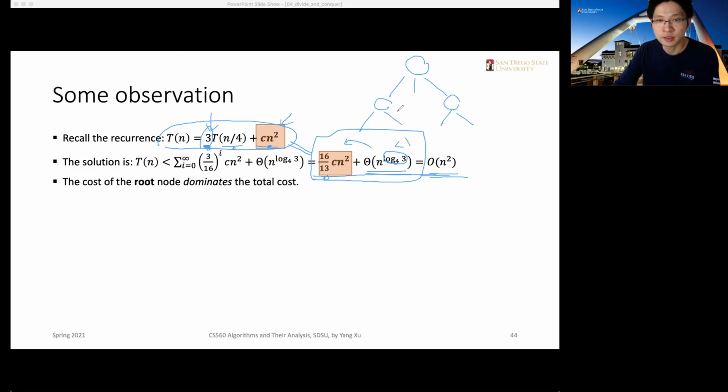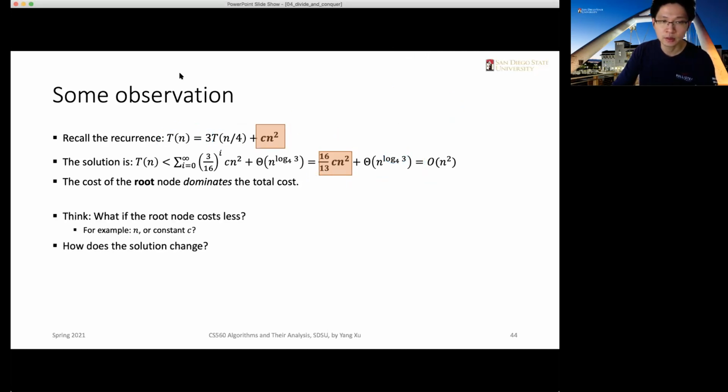Of course, in this case, there are 3 branches in each node. So when you draw the first node, you put c n squared there. So it looks like in this case the root node is the dominant quantity. It has the dominant order for the whole solution, because the whole solution is also a quadratic function. Okay, so it's just our guess.